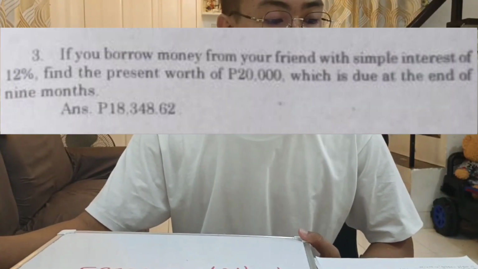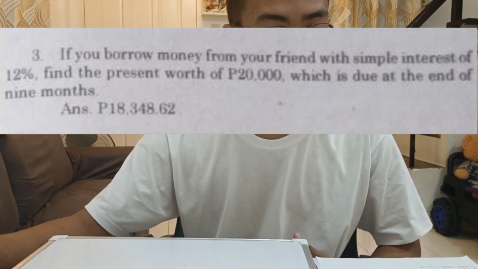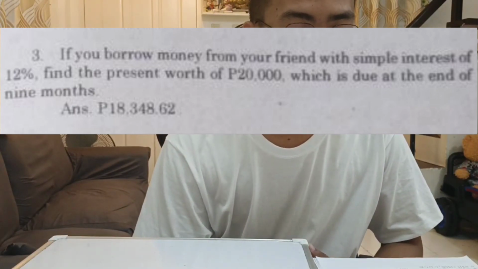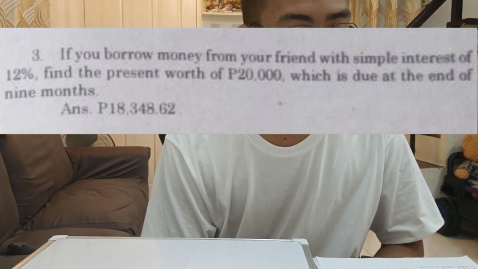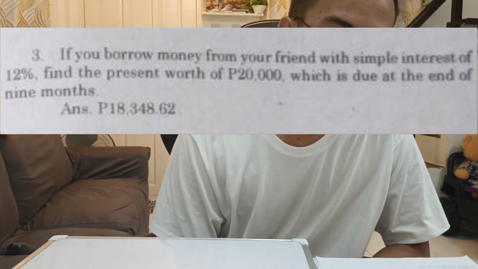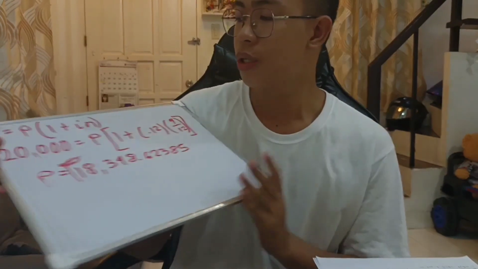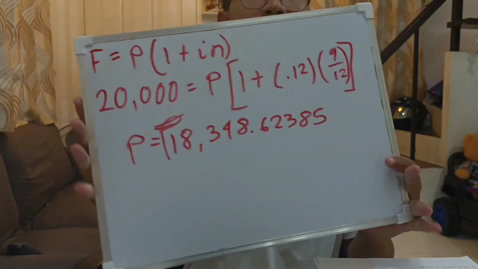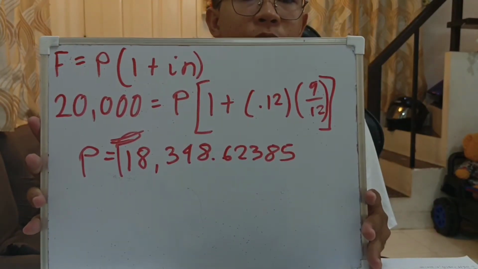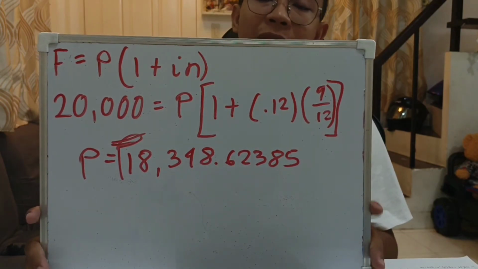Number three: if you borrow money from your friend with simple interest of 12%, find the present worth of 20,000 pesos, which is due at the end of 9 months. We will be using the future amount formula in finding the present worth, or the capital. F is equal to P times the quantity of 1 plus in.